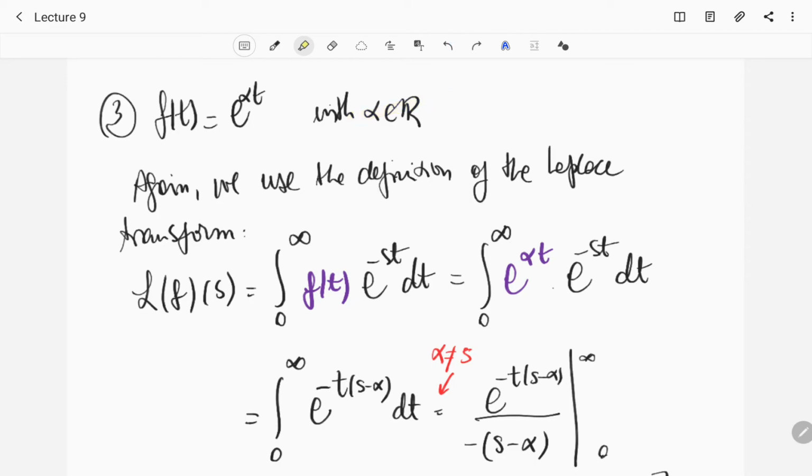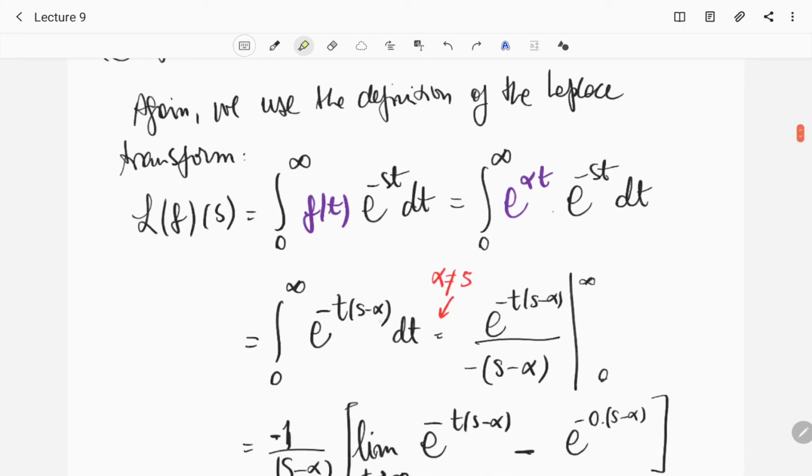Again, we only know the definition, so we use that, which is the integral from 0 to infinity of the function f times this exponential. Now we replace the function f, which now is another exponential, and then we are lucky, we can take this t as a common factor and rewrite this exponential.